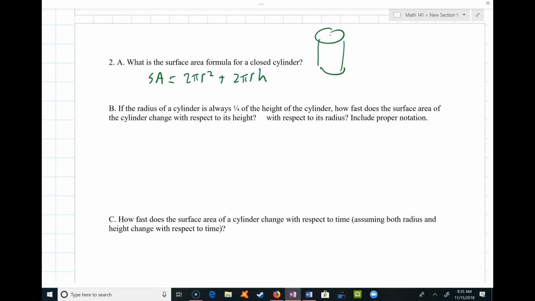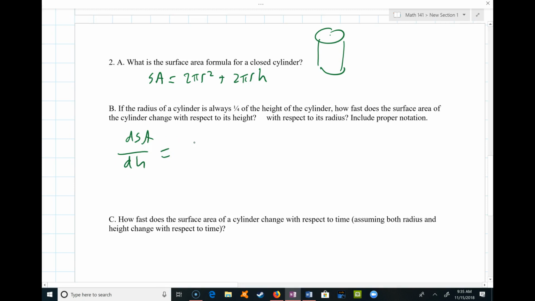Notice it doesn't say anything about making something as big as possible or as small as possible. Yeah? See the difference? Okay. So if the radius of the cylinder is always 1/4, I don't know what that's telling me, but let's move on. How fast does the surface area of the cylinder change with respect to its height? So that means I'm looking for dS/dh. Yes?